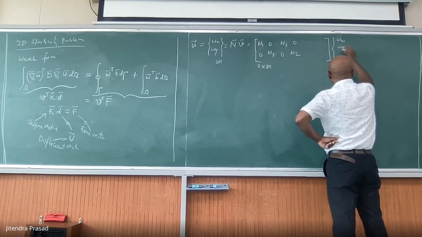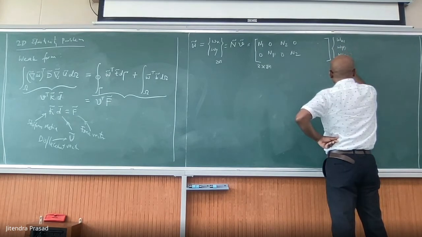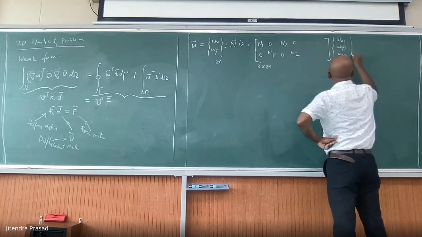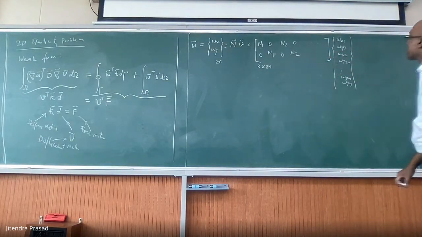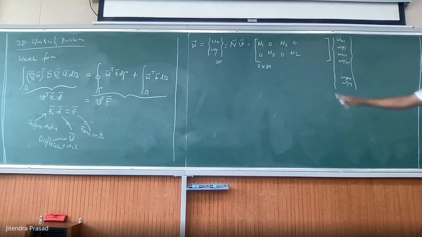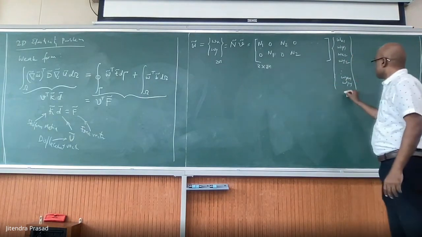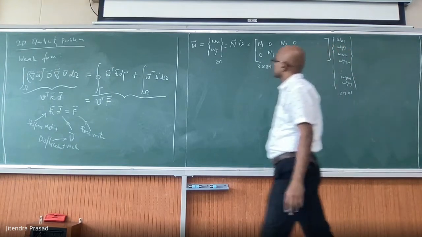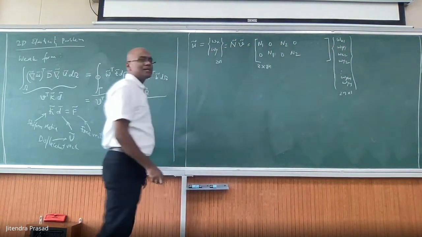So 2 by 2n times 2n by 1 gives 2 by 1. This we have done already.